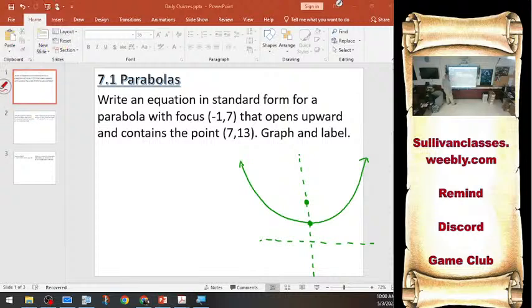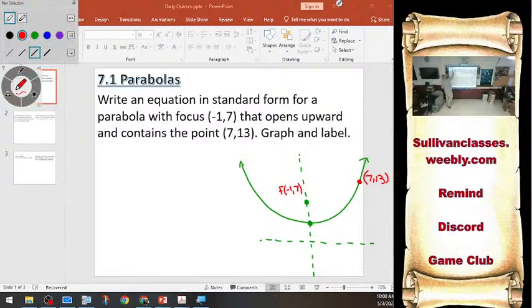That tells me the focus is -1, 7. It opens upward, contains the point 7, 13, so that way, that way. What do I do with that?